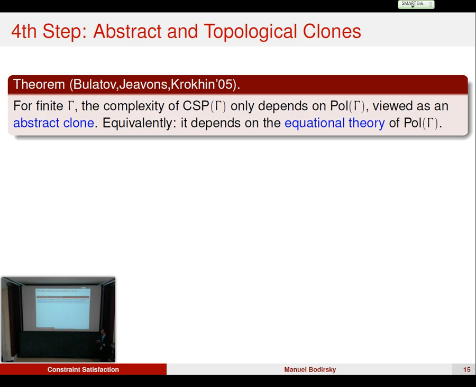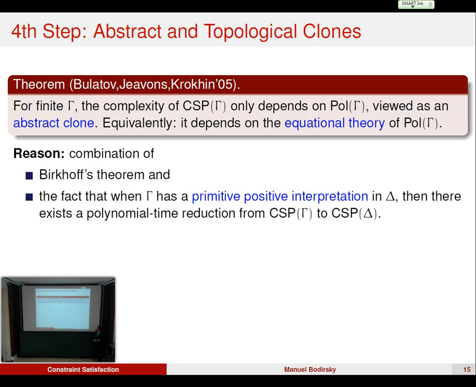Now, why is that? I'll not go into details here. But actually, there will be more on that in the next talk by Michael Pinsker. So I just mentioned basically the two ingredients that you need to know in order to see this. The first ingredient is Birkhoff's theorem from universal algebra, the HSP theorem. And the second ingredient generalizes a little bit what I've said about primitive positive definability.